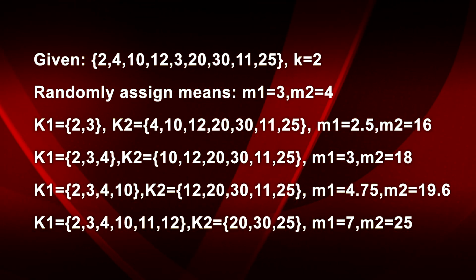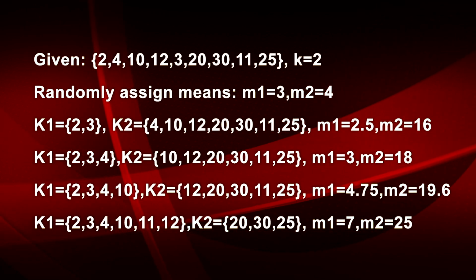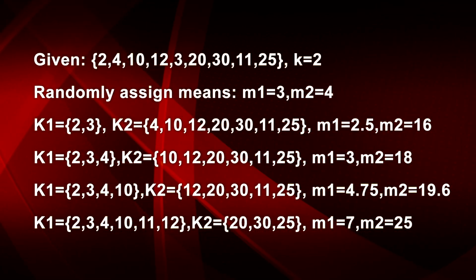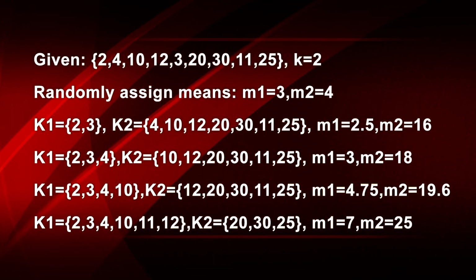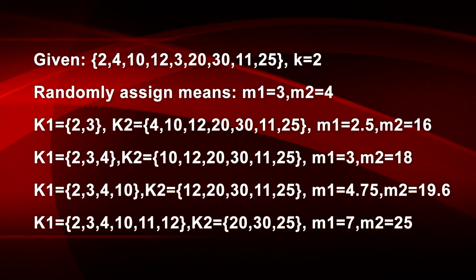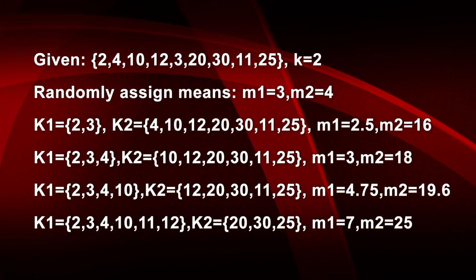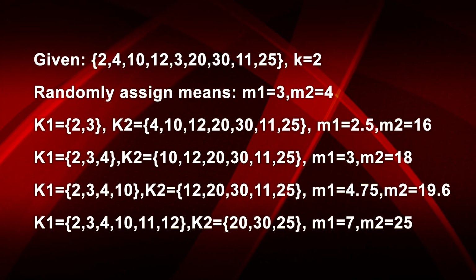Once again, in the next row, you will see that I am putting the data points given to us, namely 2, 4, 10, 12, 3, 20, 30, 11 and 25, into clusters based on these two new means, M1 2.5 and M2 16.